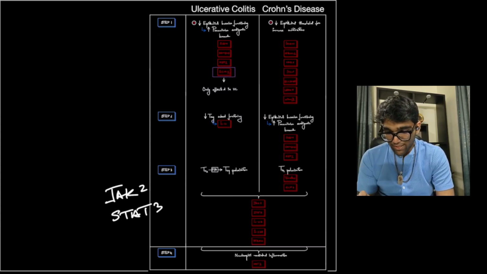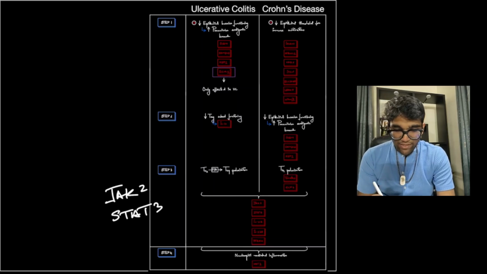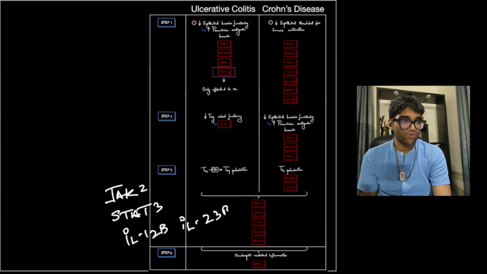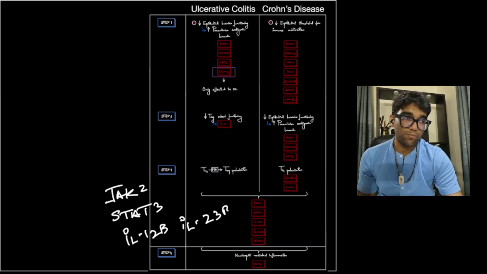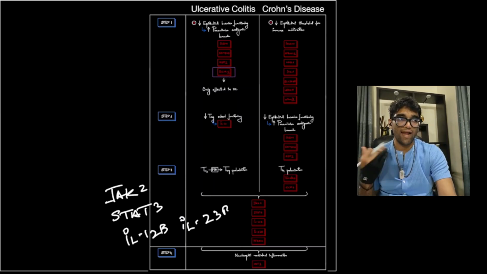Now then we have interleukin 12b, and then the interleukin 23 receptor, and it's not very difficult to understand why that would result in an increase. This is a gain of function mutation. It activates, so Th17 cells don't have to produce as much interleukin 23 to activate themselves.